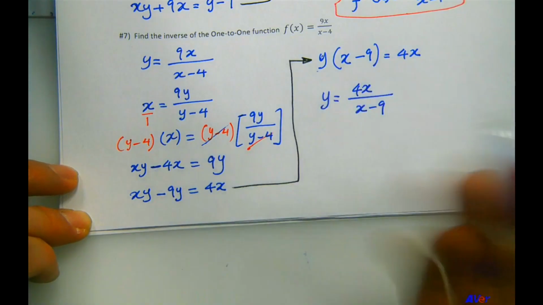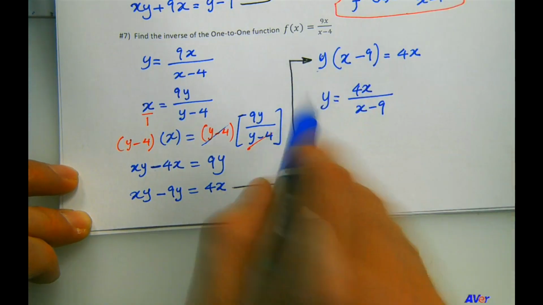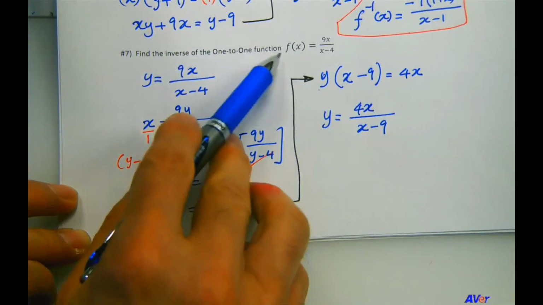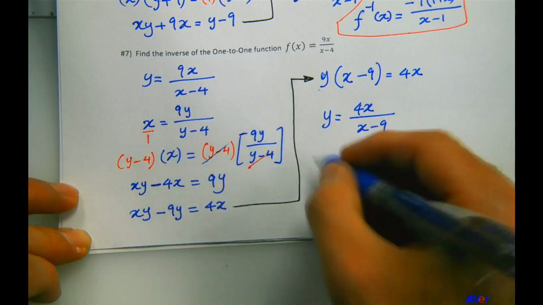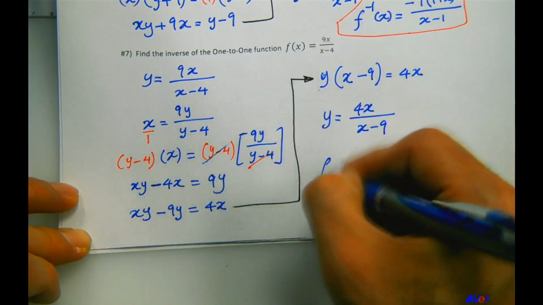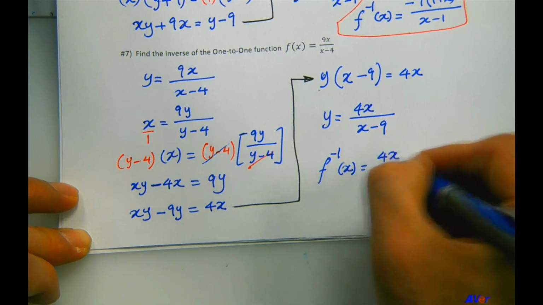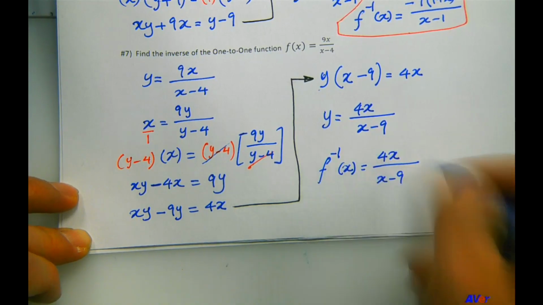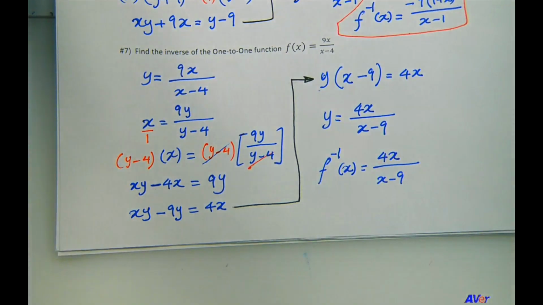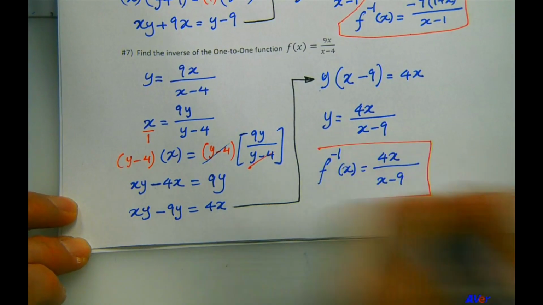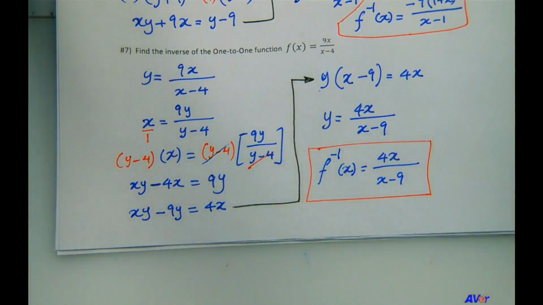The last step, of course, is replacing this y with the proper inverse function notation. So our original function was called f of x. So the inverse of that would be f inverse of x equals 4x divided by x minus 9. Like that. Okay, I hope this is making sense.